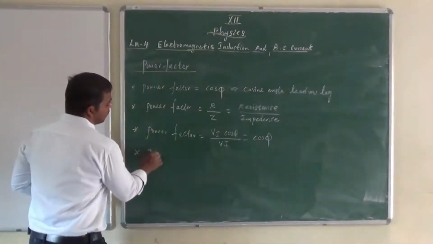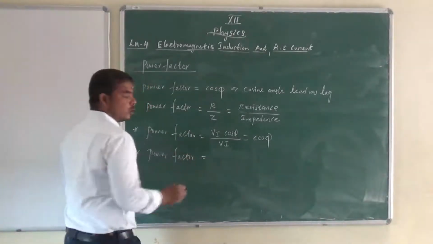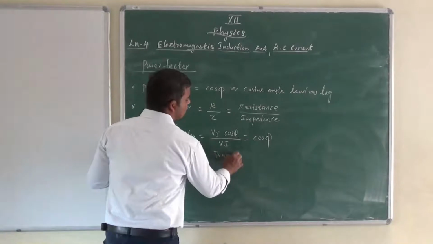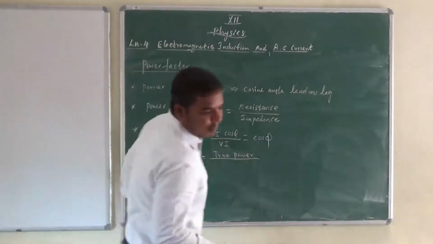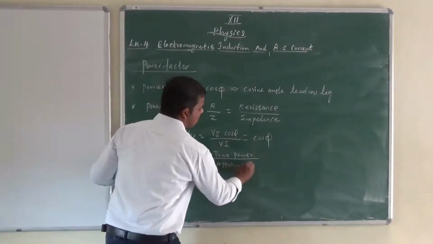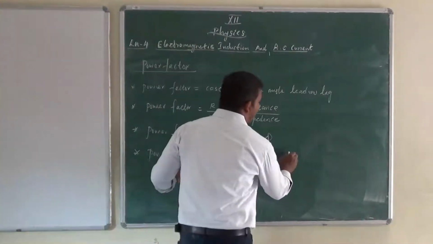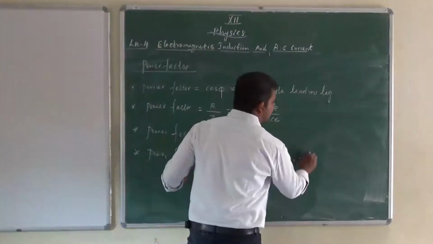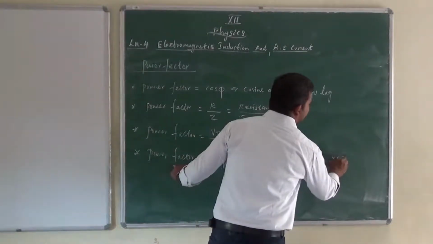So power factor can also be written like that: true power by apparent power. How is it true power by apparent power? The basic equation: average power P_AV equals V_RMS, just now we have discussed, I_RMS into cos phi.